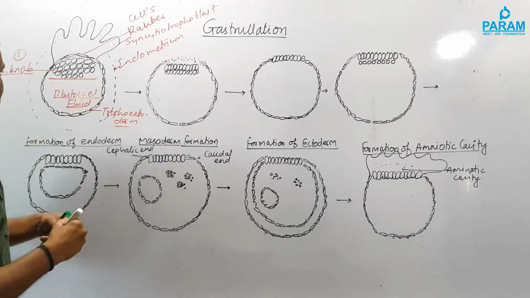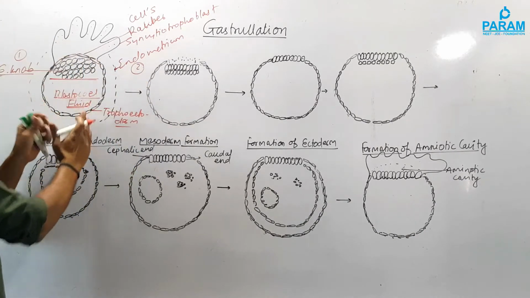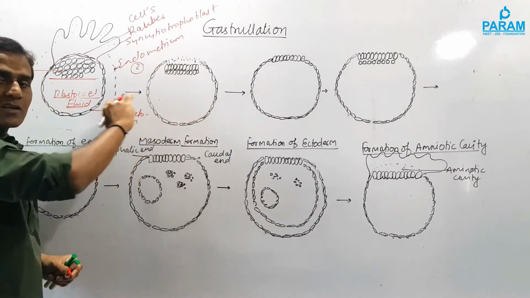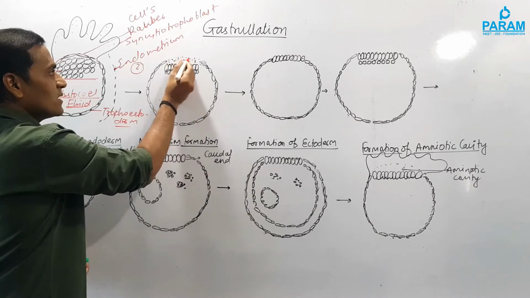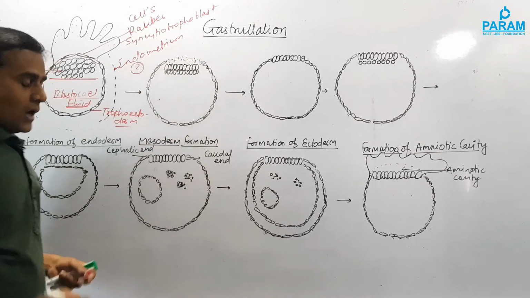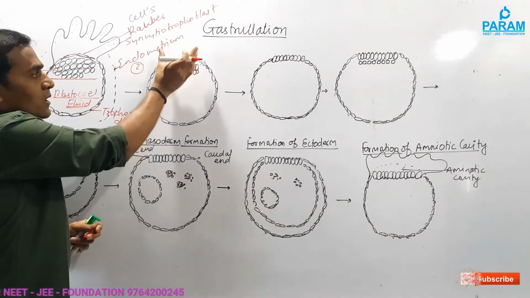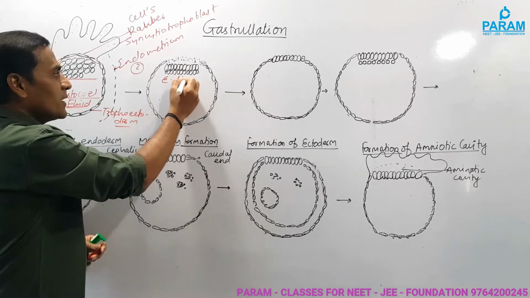Well, in the next stage, the second step of gastrulation, here is the implanted blastula. Now, the cells of Rauber start degenerating in the second stage. Here we can see the cells of Rauber undergo degeneration, and the inner cell mass cells arrange themselves into a disc-like structure, which is called the embryonic disc.